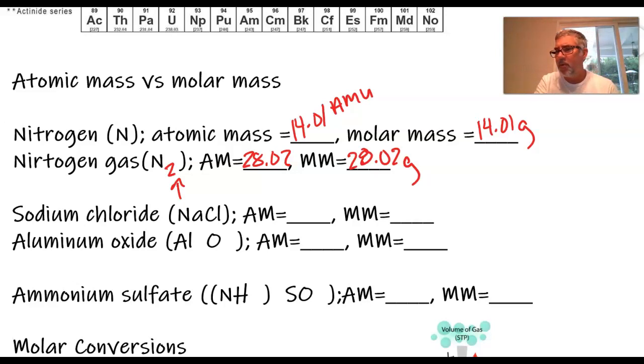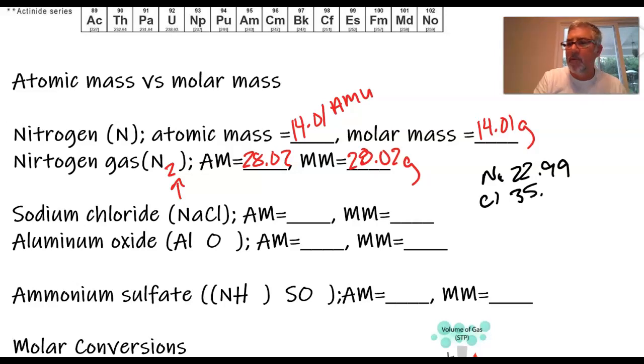So if we look at sodium chloride, sodium is 22.99, and chloride is 35.45.